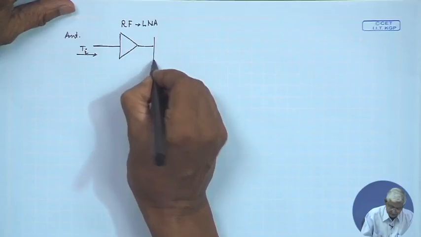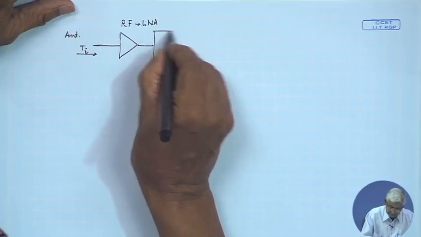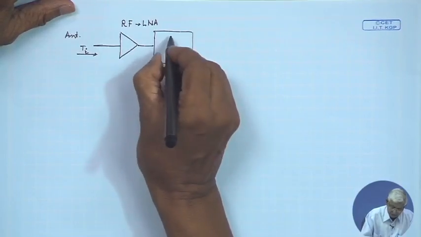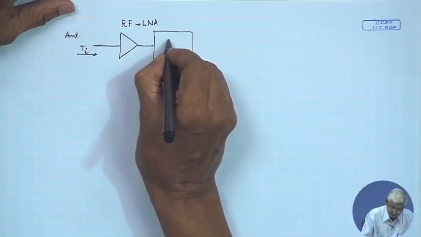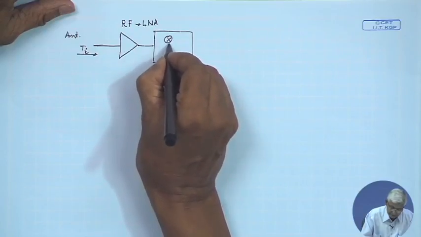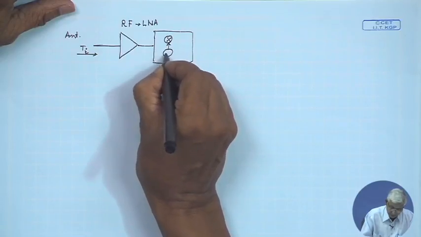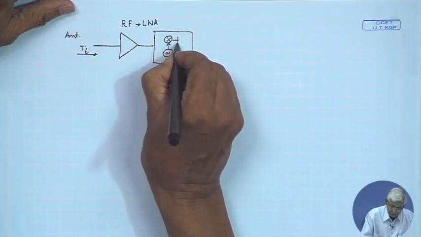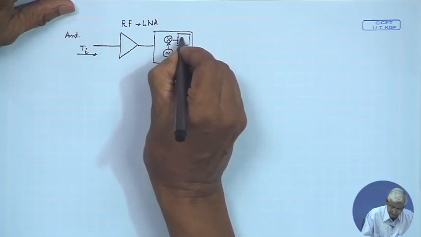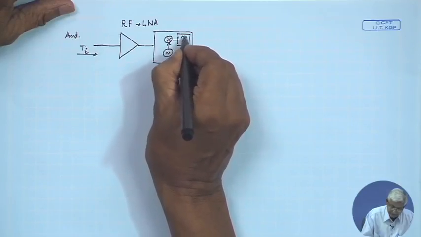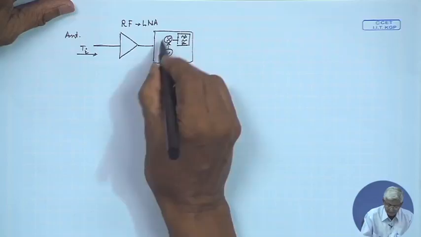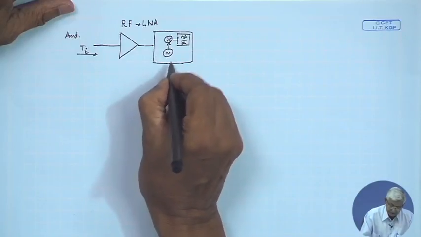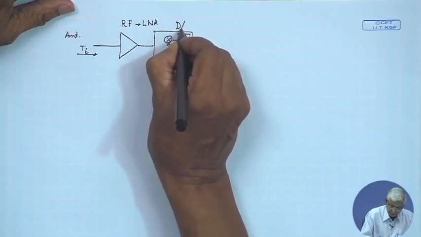Then after that there is a stage which is the mixer, then LO, then filter. Try to recollect our space segment diagram. This is called the down converter.